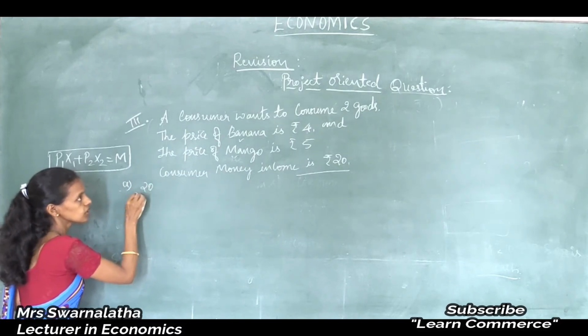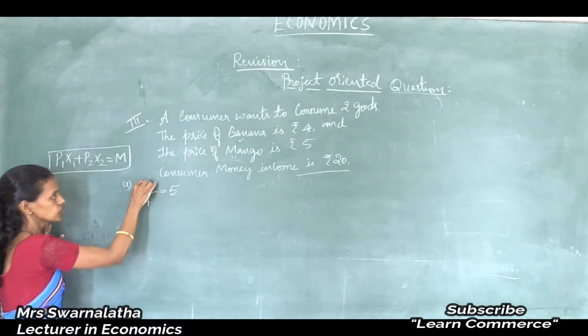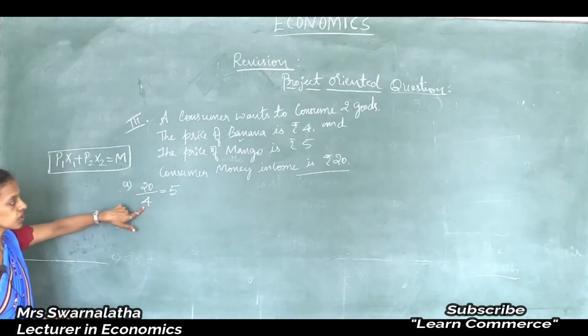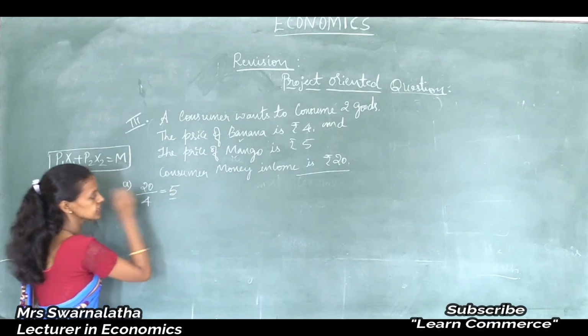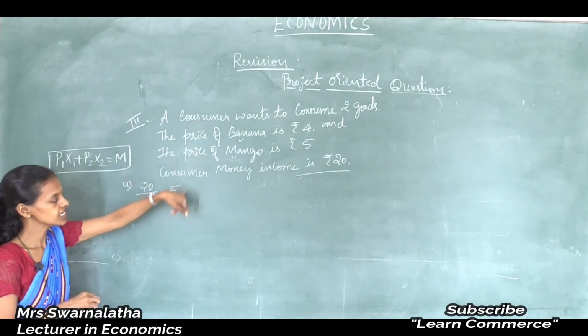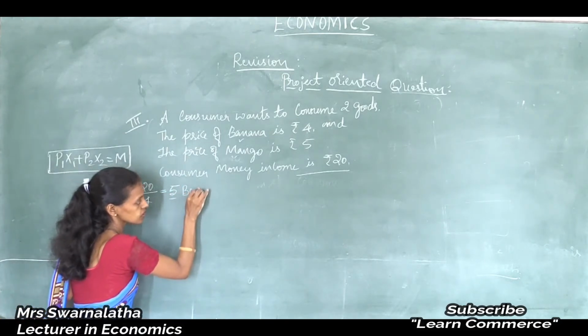You are going to see by 20 by 4, that is 5. 20 is the money income and 4 is the price, so it is equal to 5. Thus, if she spent entire money income on bananas, she can consume 5 bananas.